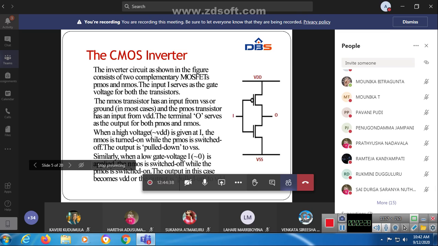VDD is nothing but the drain voltage, and VSS is the source substrate voltage. Whenever we combine both PMOS and NMOS transistors, this combination works as an inverter.